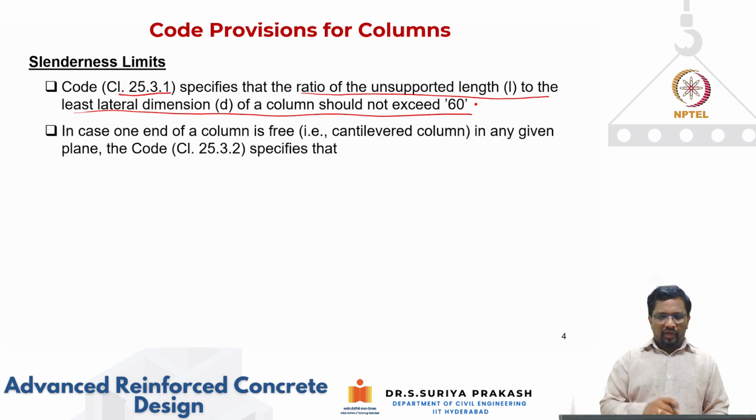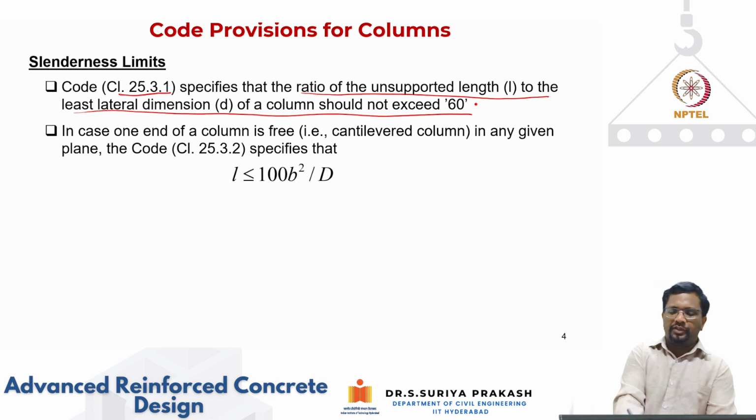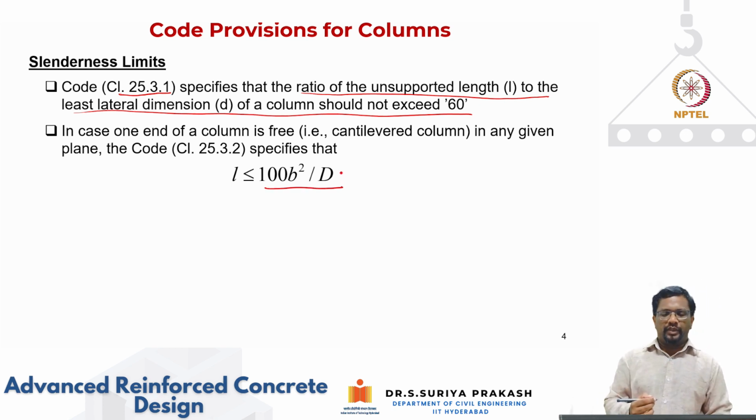buckling mode. And if you have a cantilever column in any given plane, then the code again specifies that the unsupported length should be kept less than or equal to 100 D square by B. For example, if you take a square column of, let's say, 400 mm by 400 mm, then your L by B ratio should be less than or equal to 100.